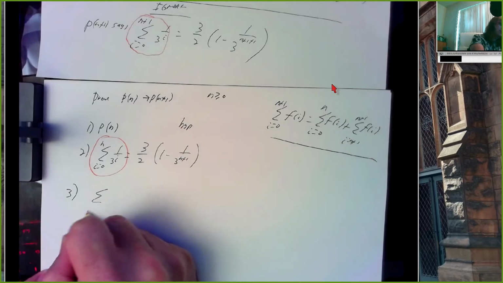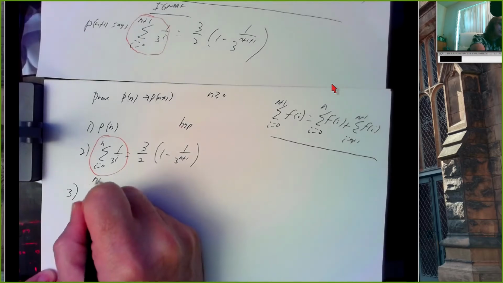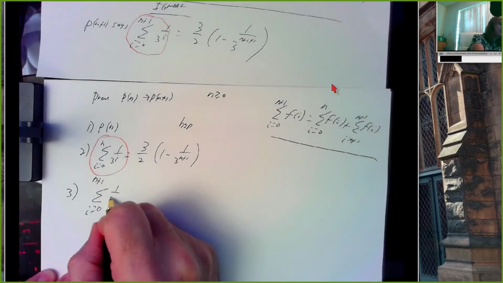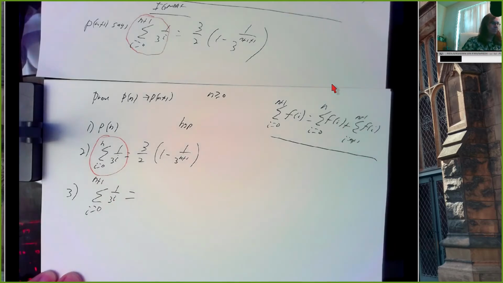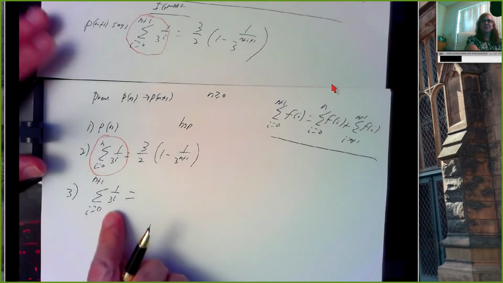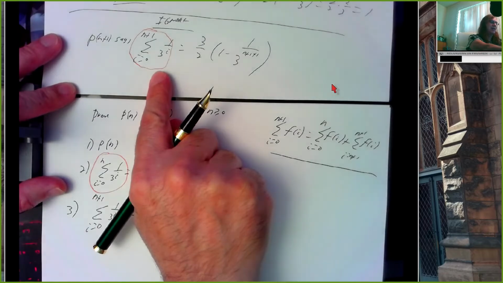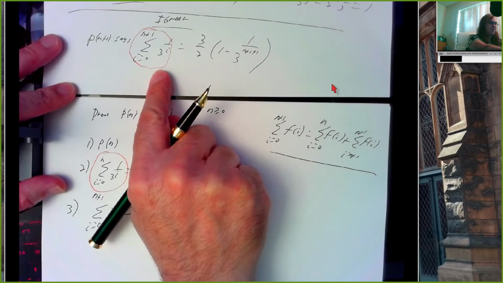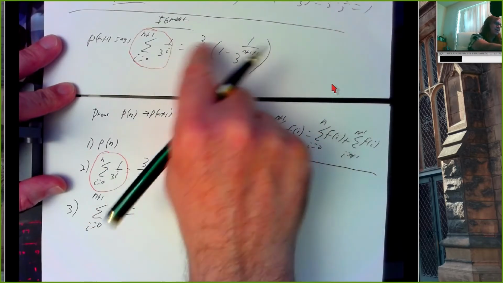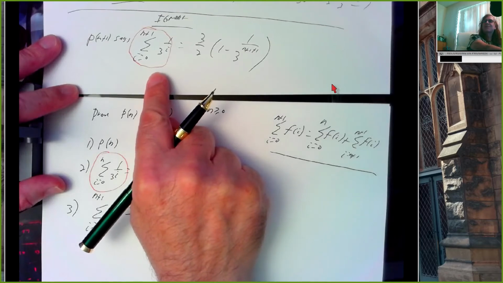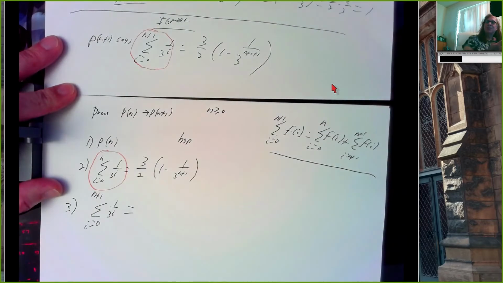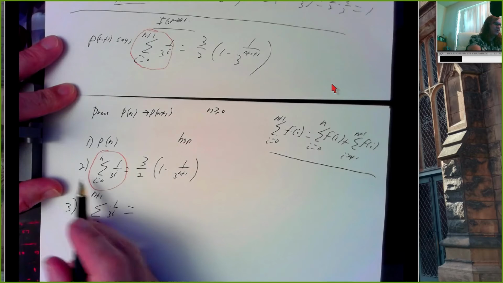I'm going to say the sum from i equals 0 to n plus 1 of 1 over 3 to the i equals. Now why am I doing this? Because this looks just like the left-hand side of what I'm trying to do. I'm trying to show this is equal to that. So I'm starting off, I'm just writing down this left-hand expression, and I'm trying to use what I already know, statement 2 here, P of n.